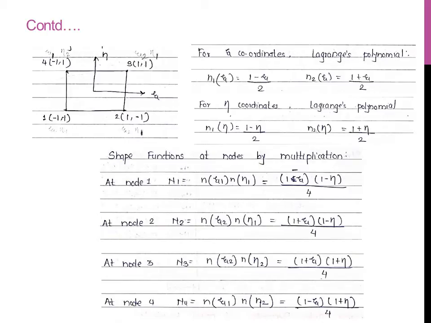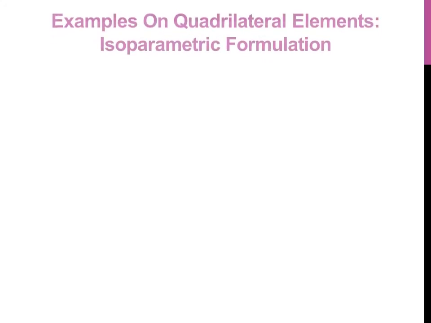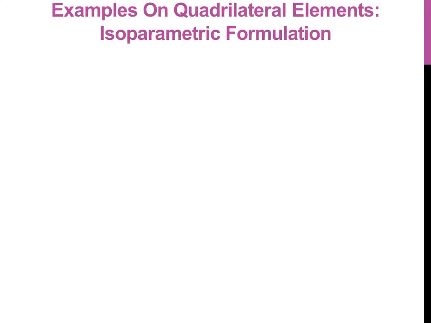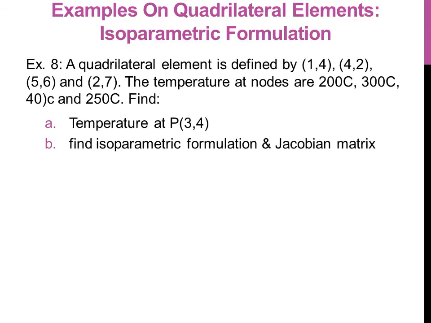Same for node 4, N4 is the multiplication of zeta 1 and eta 2 combination, so 1 minus zeta into 1 plus eta upon 4. We get the conversion of local to natural and natural to local coordinates.